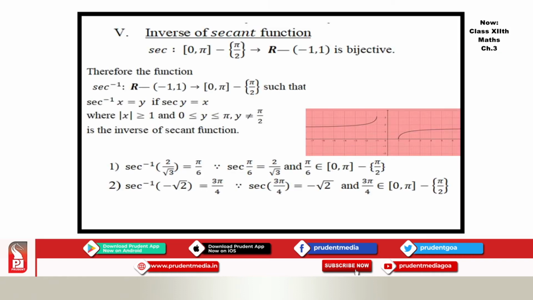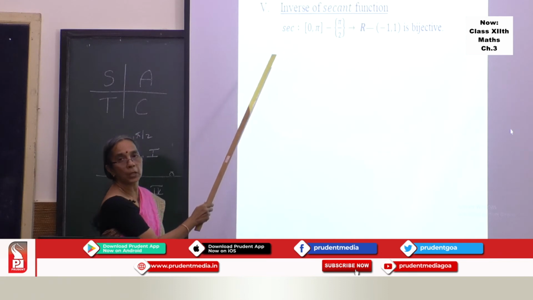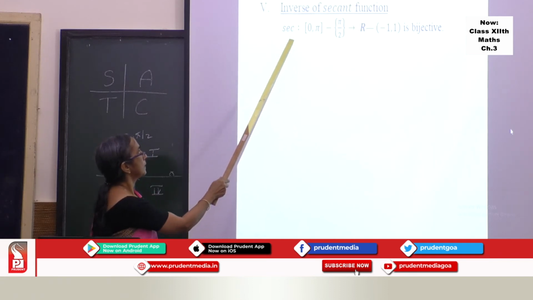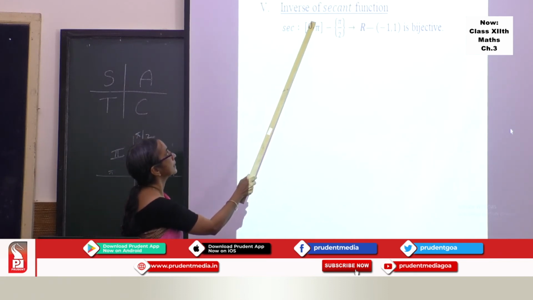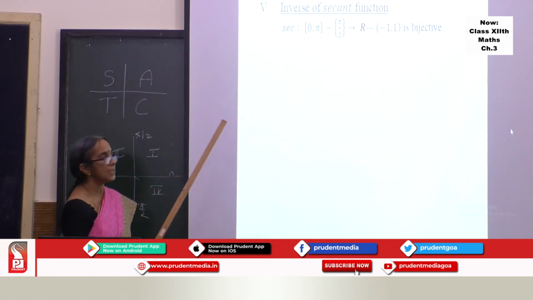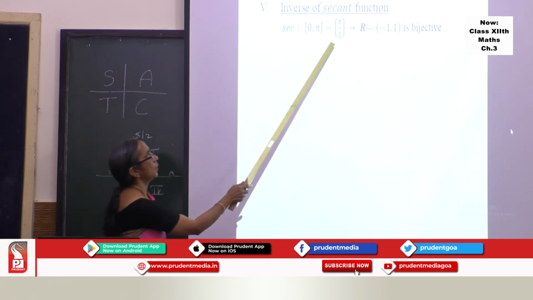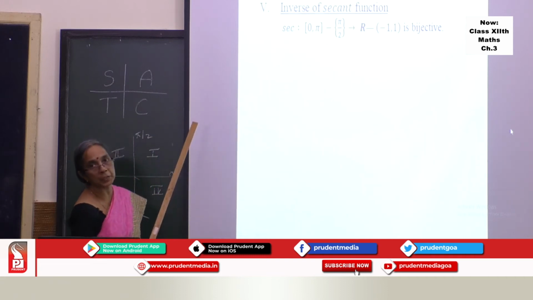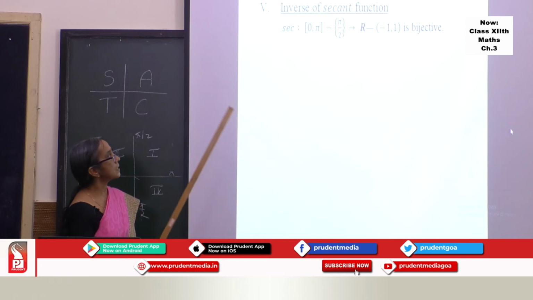Now, let us go through the inverse of the second function. The second function is the reciprocal of the cos function. So, the domain of the second function is 0 to pi minus pi by 2. The cos function's domain was also 0 to pi, but the only difference here is pi by 2 is not included because sec of pi by 2 is not defined.